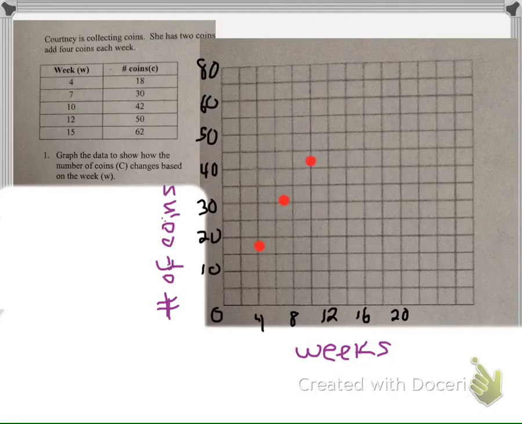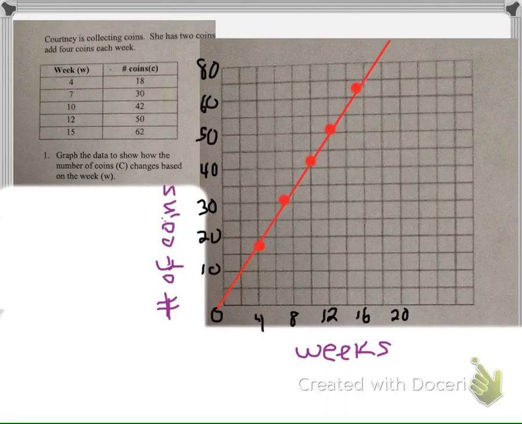At 12 weeks, there's 50. And at 15 weeks, there's 62. About here. Okay, so I have my graph, and I can put in my line of best fit. We go about there.